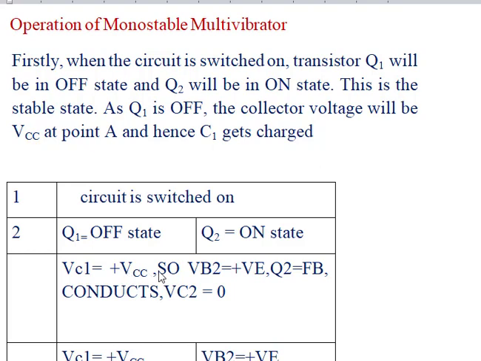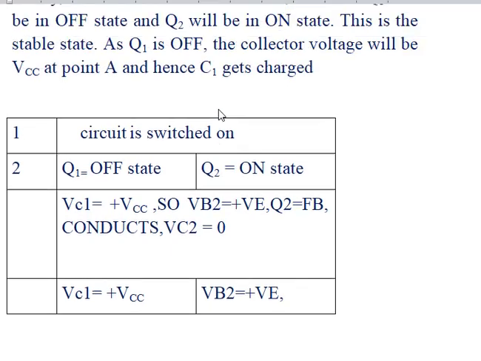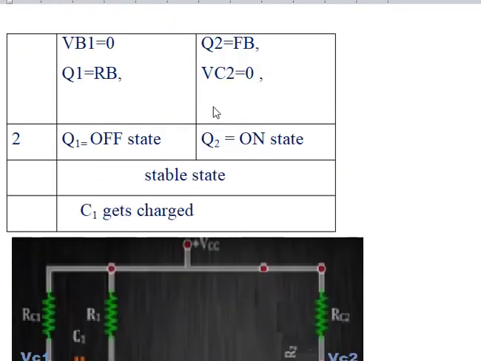Why? It is under reverse bias, so it does not conduct. So the whole voltage appears across Vc1. So VB2, the base of the second transistor, is positive. So transistor Q2 is forward biased. It starts to conduct, so its output Vc2 is equal to 0.